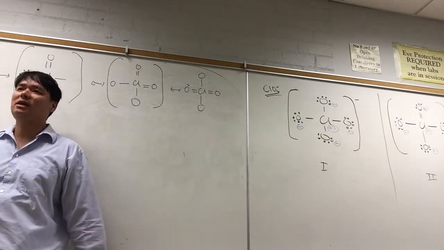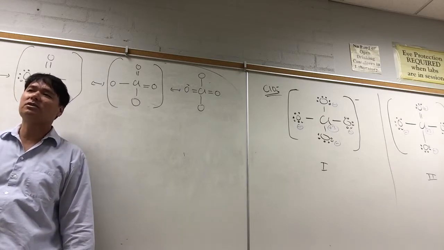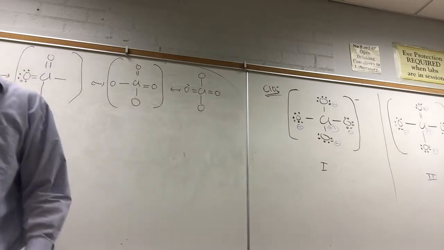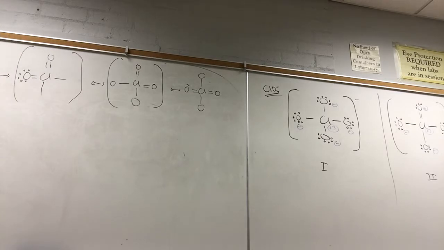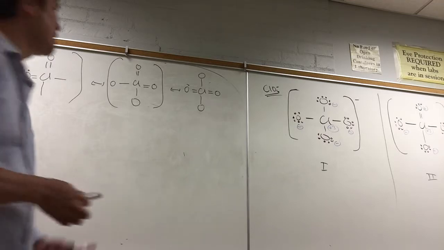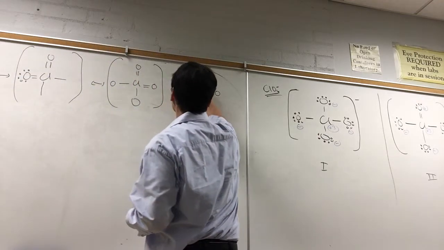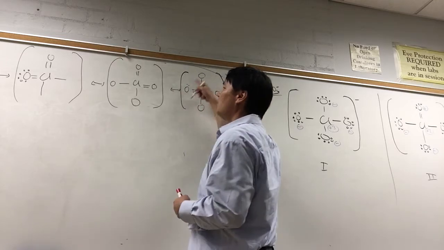Yeah, they look the same, but they're actually different, because the way you can tell is you pin the atoms on the page. And when we're looking at resonance, we're just looking at if the atoms are fixed on the page, is there another way to distribute the electron density? And so the answer is yes. So this is actually a unique structure here because I never move the atoms.